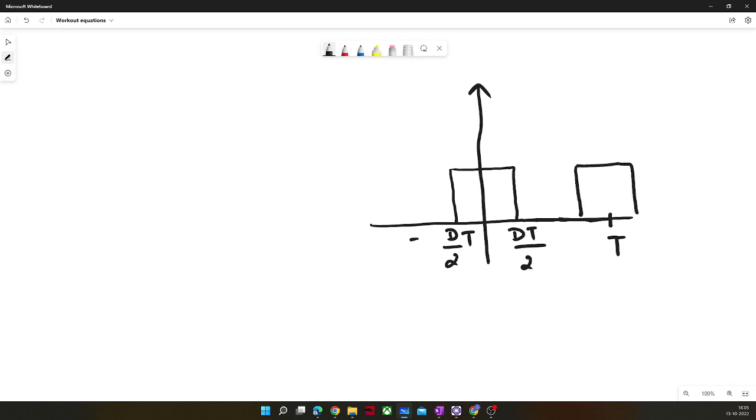Now it seems to be an even function, I guess. If we can calculate the Fourier series for this waveform, I think it would be good for many other waveforms. You will just need some shifting and scaling. So let us say this was the voltage waveform of our initial buck converter, but it is shifted by x of t plus DT by 2.